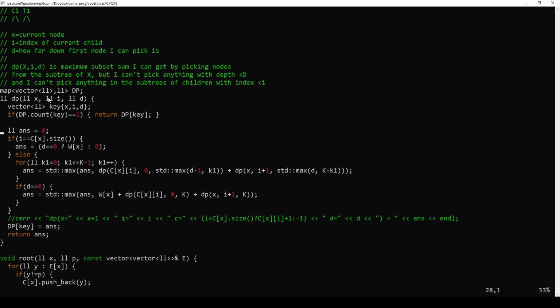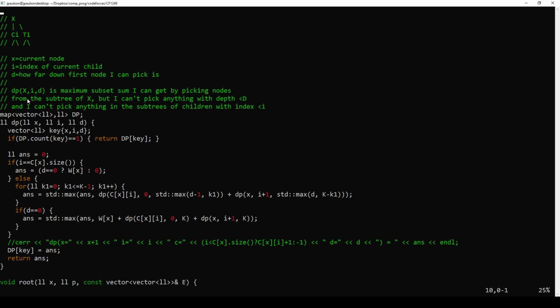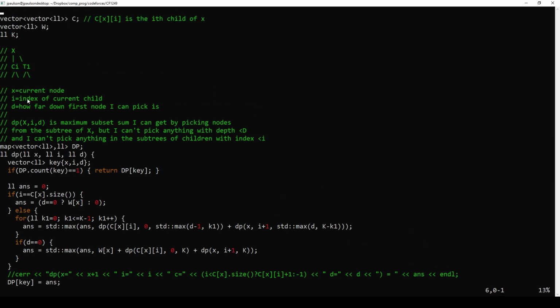So why do I need to go through the children one by one? Wouldn't it be nicer if the state was just x, the subtree of x? And it would be, but it's a little bit trickier to do that, because then you need to worry about collisions among all paths through all possible children going through x. Which I think you could do, but it's just easier.